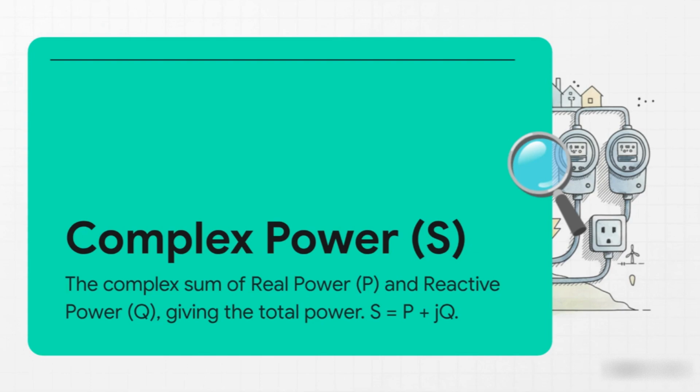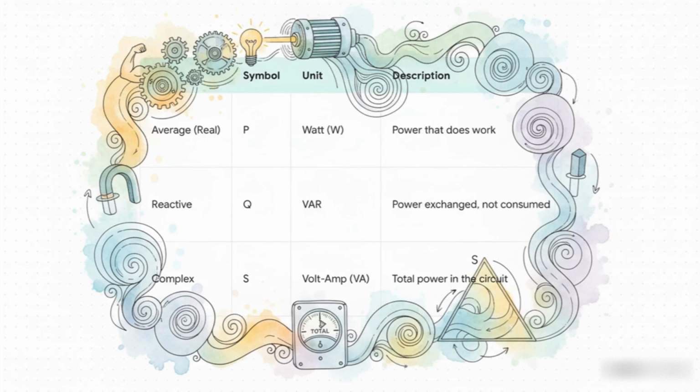It tells the power company the full energy load they need to be ready to supply. Okay, so let's do a quick recap here. We've got P, which is real power. It's in watts, and it does the actual work. Then you've got Q, reactive power. It's in VARs, and it's just exchanged, not consumed. And finally, S, the complex power. That's in volt-amps, and it's the total power in the circuit.